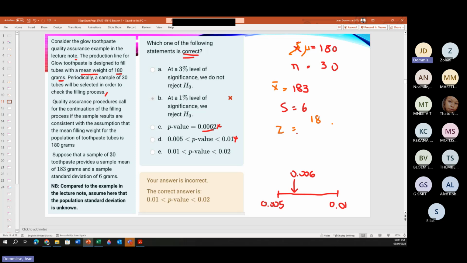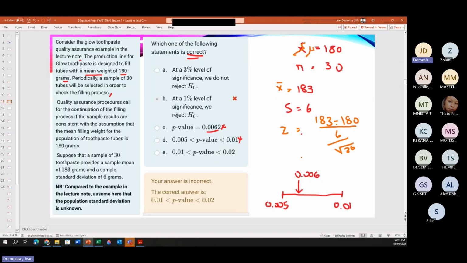So 183 minus 180, divided by the square root of 50. Okay, so let's quickly check what that answer is, and that will then tell us if we can look at the 1% or the 3%.